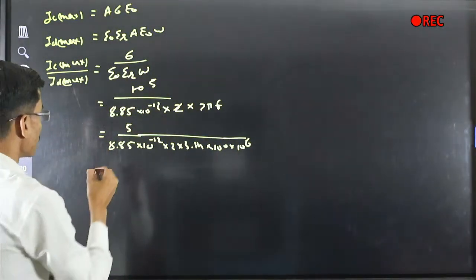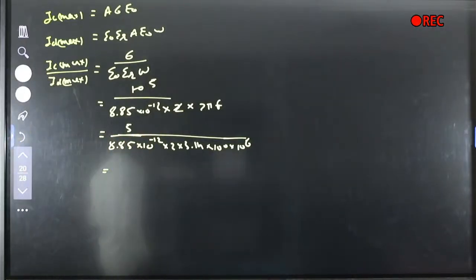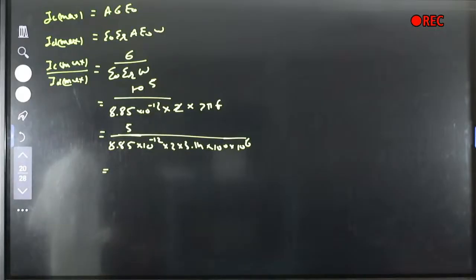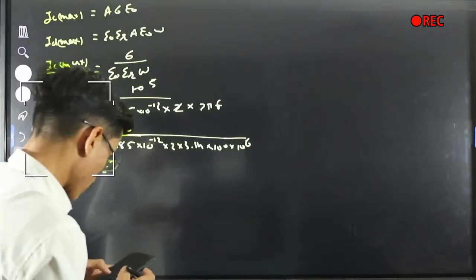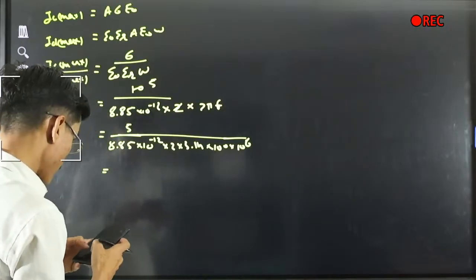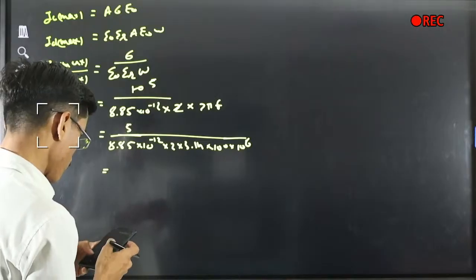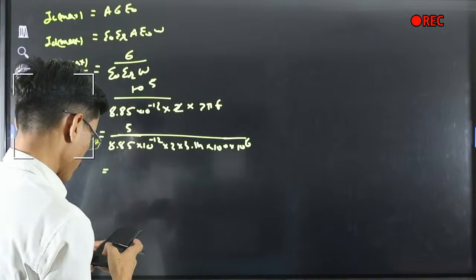For further calculation, we have to use a calculator. Just a minute. Okay, 5 divided by 8.85 divided by 2 divided by 3.14 divided by 100.